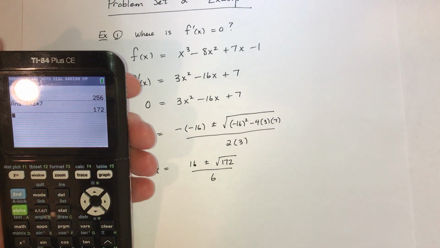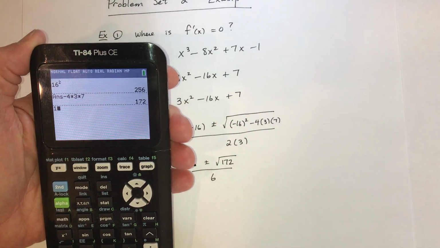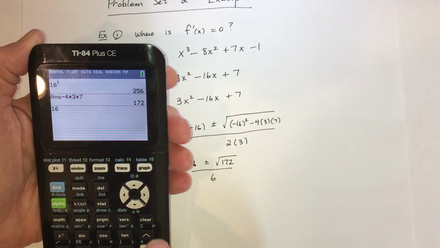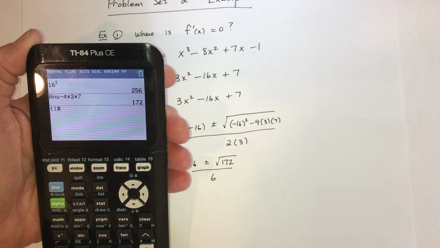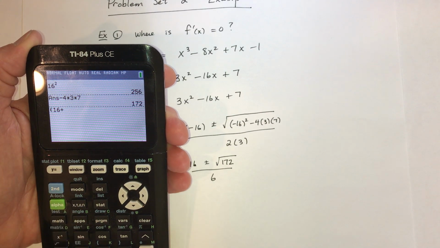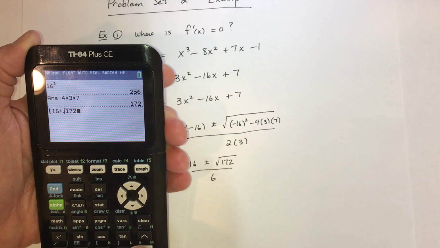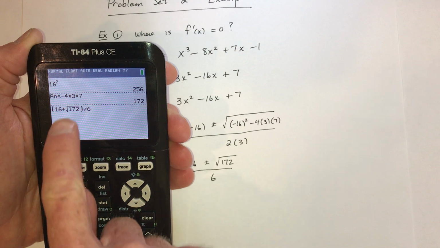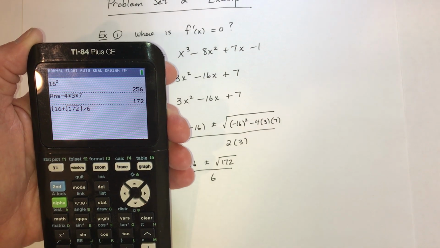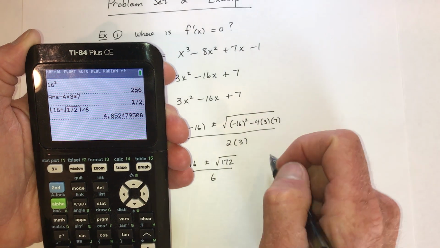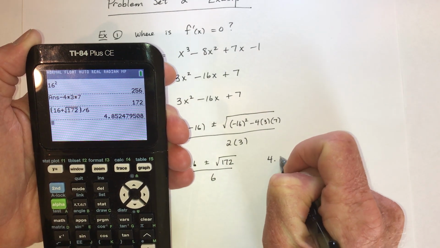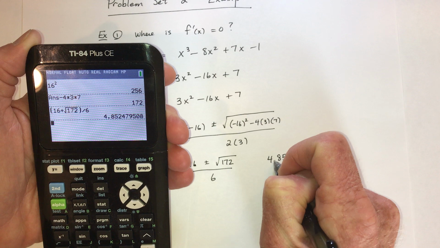So let's see, 16. Oh, I should put parentheses first. 16 plus the square root of 172, and that gets divided by 6. But I put the whole thing in parentheses, so the whole thing gets divided by 6. Now I'm just going to use 3 decimals, so that's 4.852.